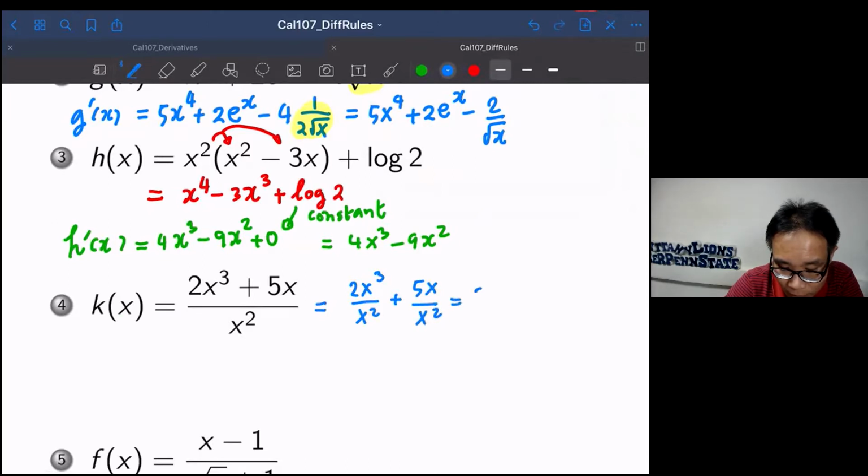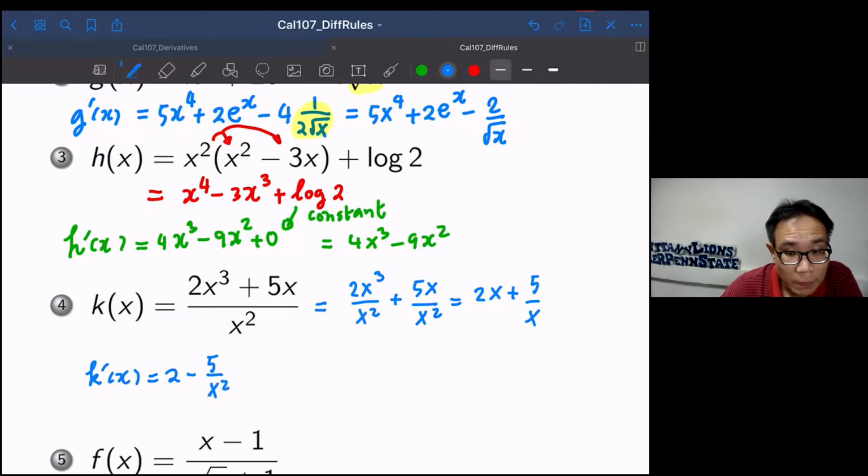This one will become 2x plus 5 over x, and you differentiate k prime. So it's going to be 2, and differentiate 5 over x, so it's going to be negative 5 over x squared. Okay, so that's all.